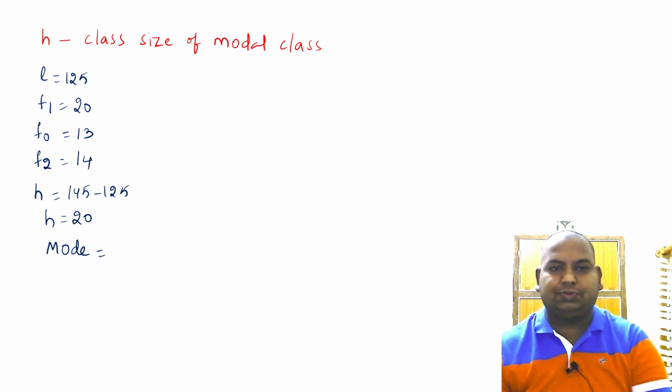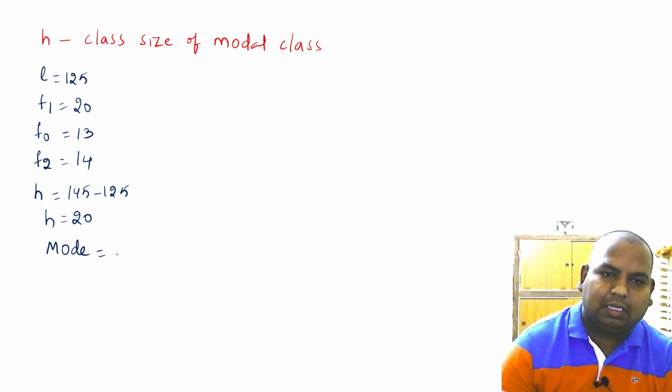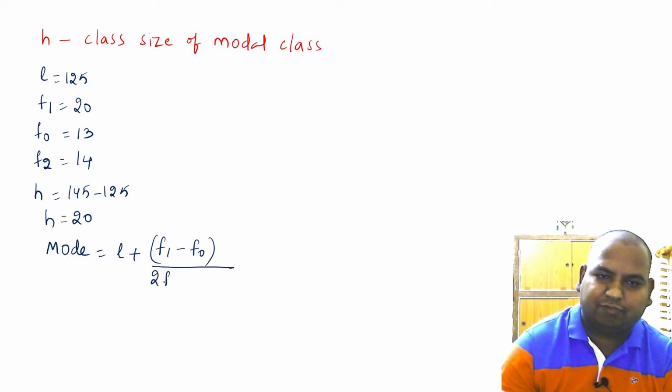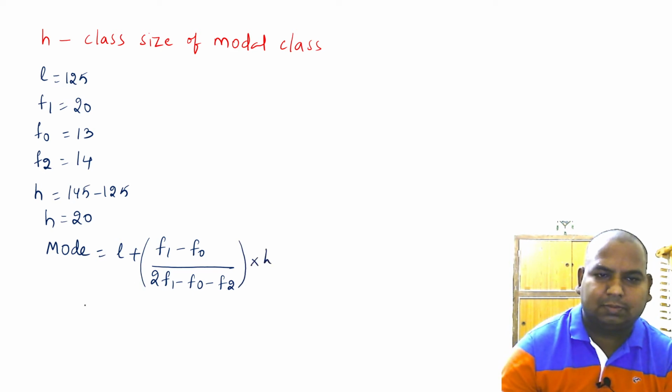Mode is equal to L plus (F1 minus F0) by (2F1 minus F0 minus F2) into H. Let me write properly. What is the value of L here? L is 125.